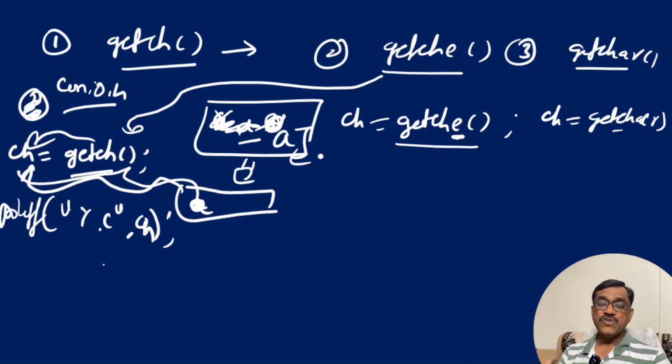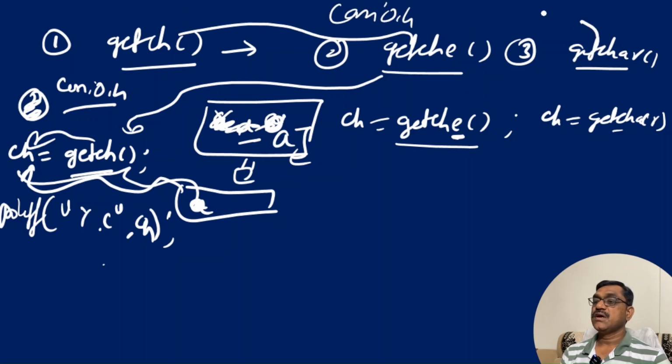So which one is most preferable? The getchar function is most preferable. Why? Because the character is displayed on the screen and it waits for the enter key to be pressed. So this is the main difference between getch, getche, and getchar. And already I said that the first two are available in conio.h, and the last one, getchar, is available in stdio.h.